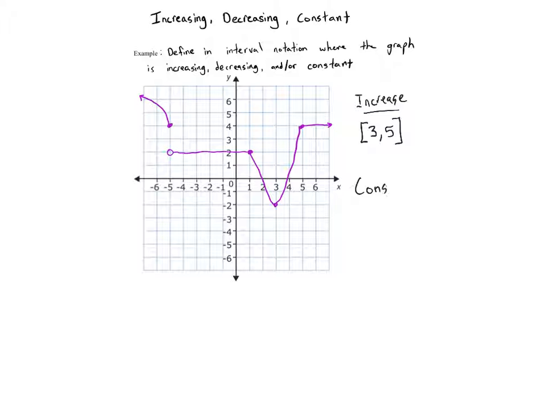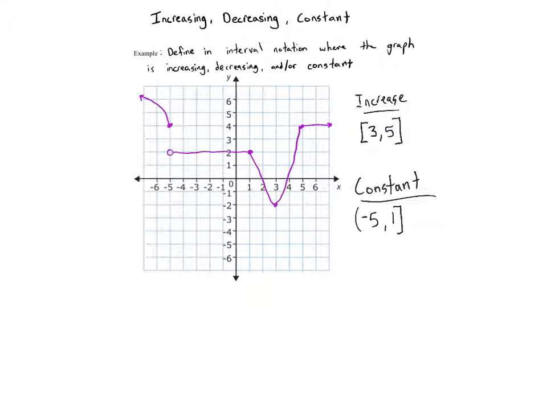So now let's do constant. Constant is, like y'all said, where it's flat from -5. But it's an open circle, isn't it? It's a parenthesis. And it's flat all the way to 1. And is it a bracket or a parenthesis at 1? Bracket. Let's see, it's constant here and constant here.